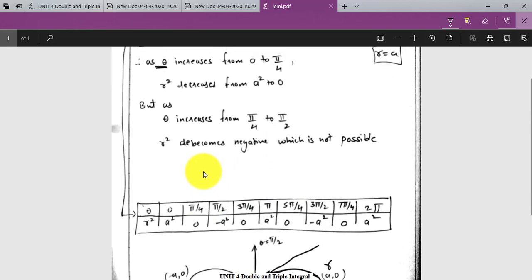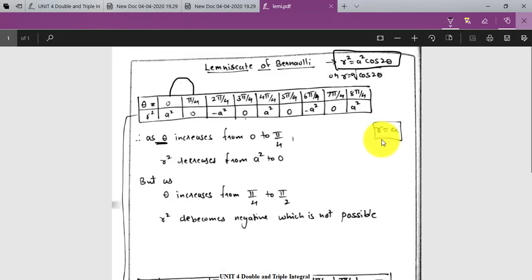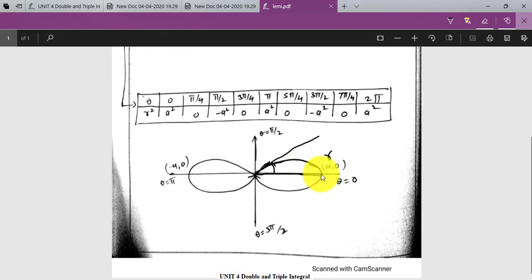So what is happening is r square decreases from a square to 0, because when you substitute pi by 4 here, 2 ones are 2, so cos of 90 degrees is 0. So r square decreases from a square to 0.